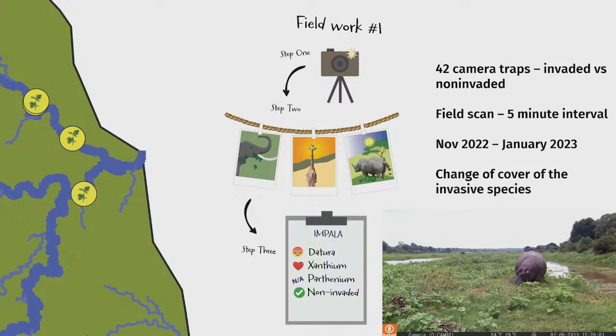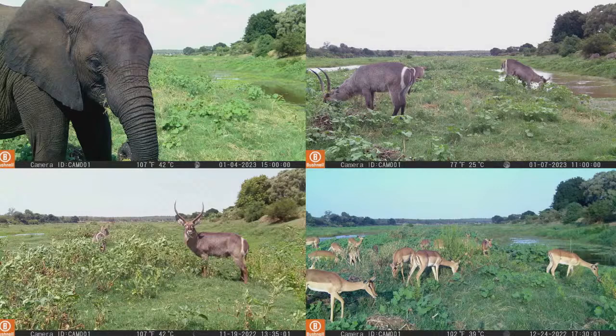And another thing that we used the camera traps for was to monitor the change of cover of the invasive species, meaning that we could see how they grow from little seedlings to big plants and kind of dominate the area.